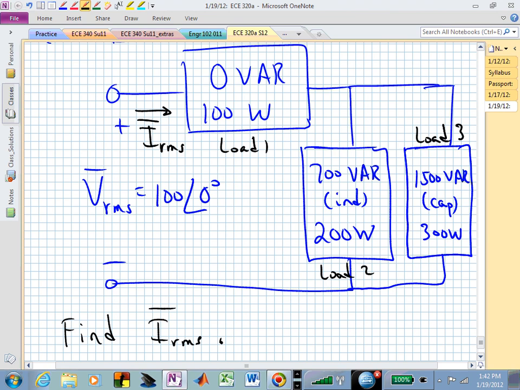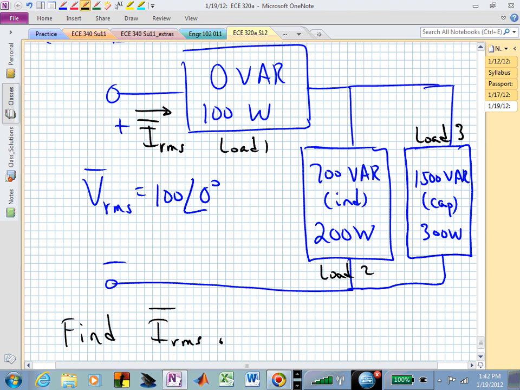But you could think of this as being the power company right here. Here's the transmission lines feeding this industrial plant, and this plant has a couple of big loads in it, one being inductive and one being capacitive, is one way of thinking of that.